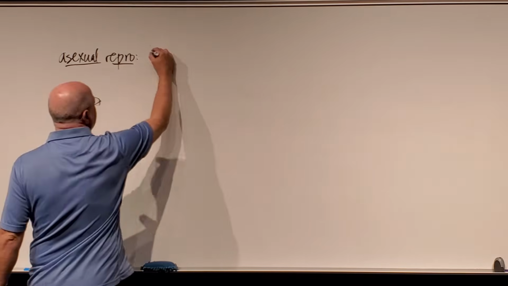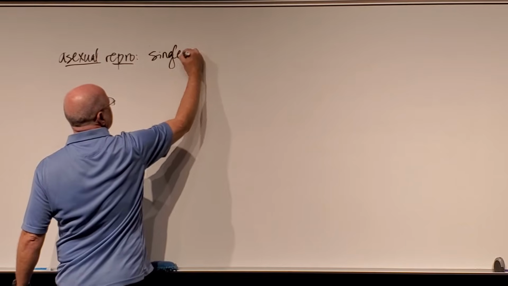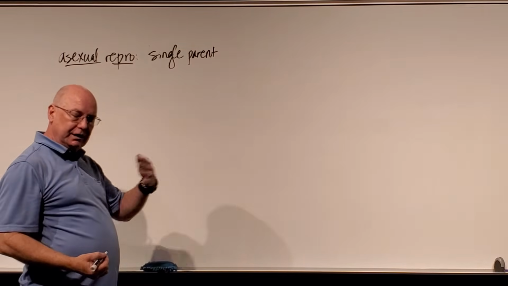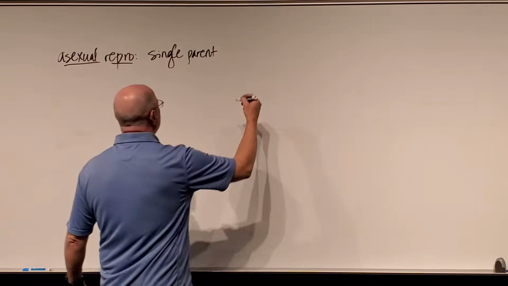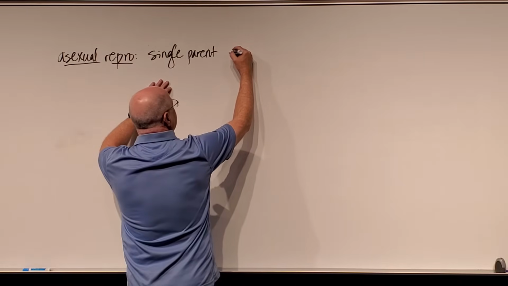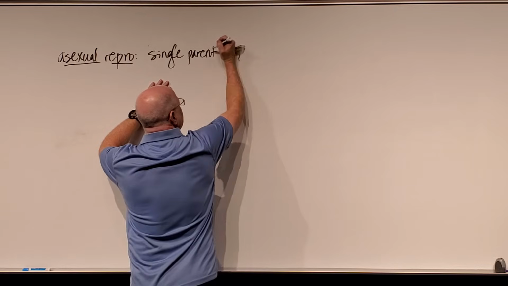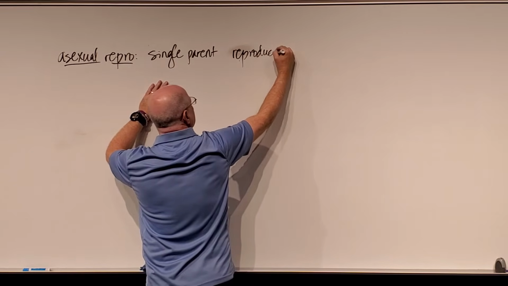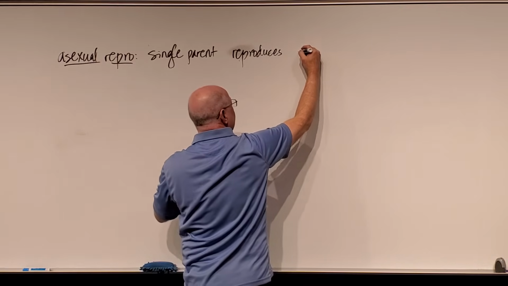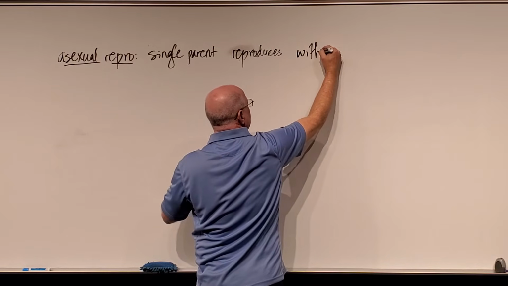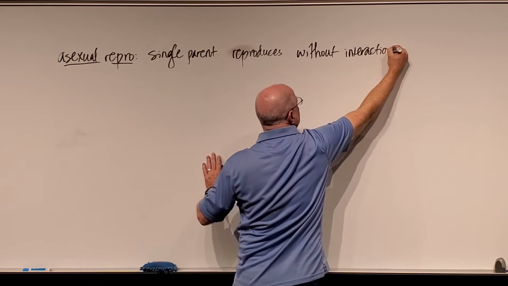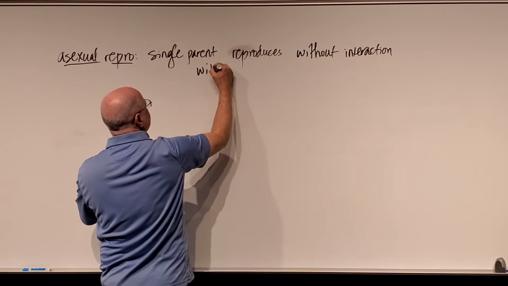Asexual reproduction is when you have a single parent. You only need one. You don't need the opposite gender or sex or another partner, but a single parent reproduces without interaction with another organism.